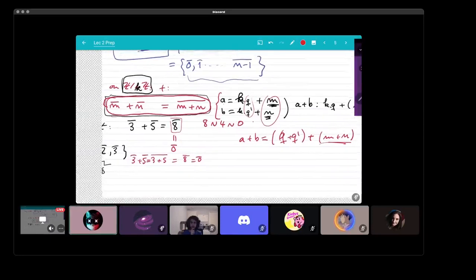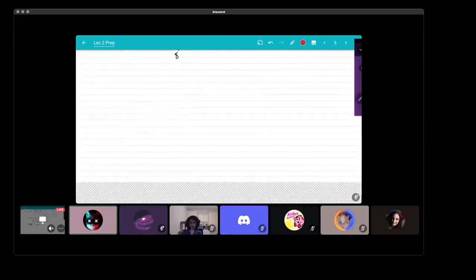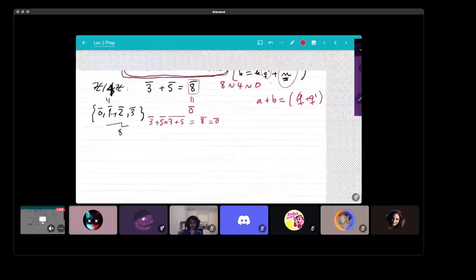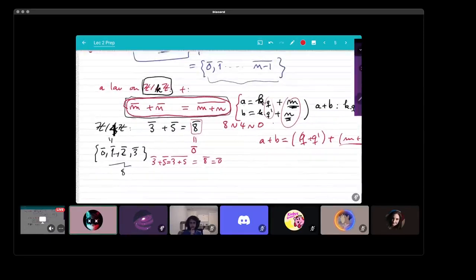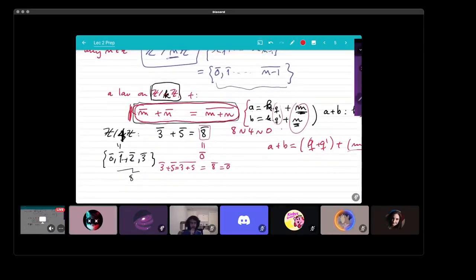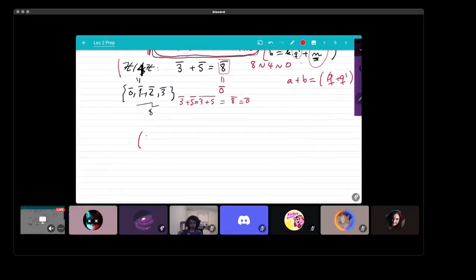And in a more general way, we have defined an addition on the quotient set, and so Z over kZ with the law plus is a group.